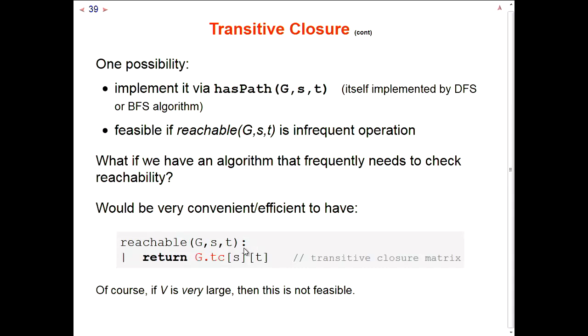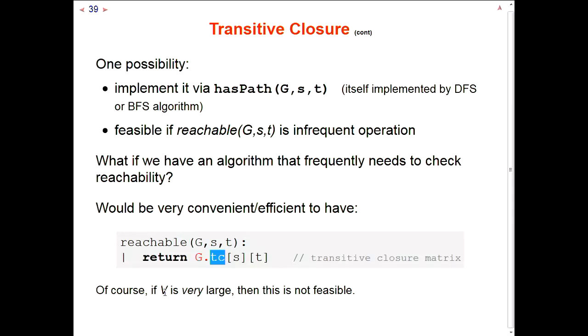In this case, let's say we have an array that I call TC because this is known as the transitive closure. I would just return whether or not S and T are connected in that array after I've computed the transitive closure. Now this is very convenient to have, and we will see there is a relatively efficient algorithm to do this. Of course, if V is very, very large, then this is not feasible because it does require that two-dimensional array for the transitive closure.